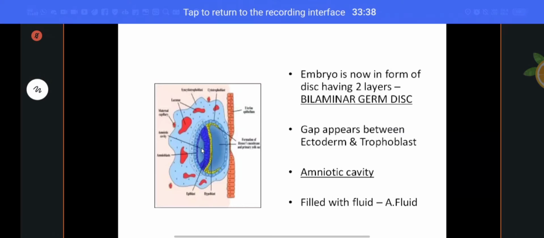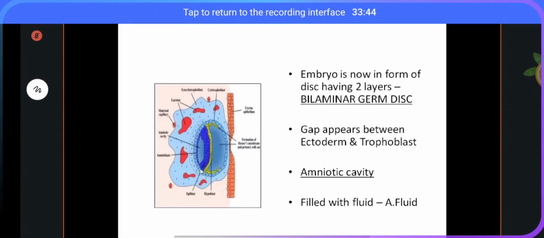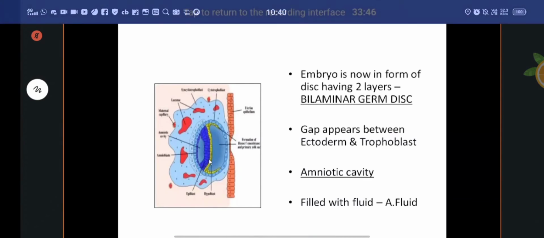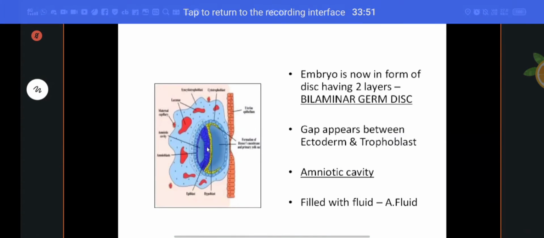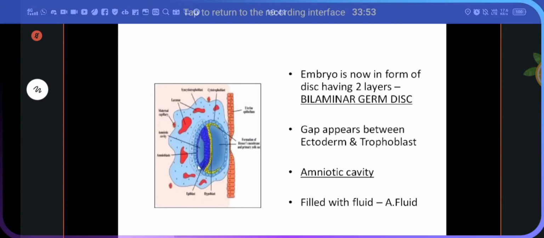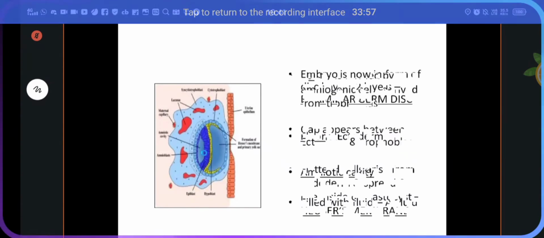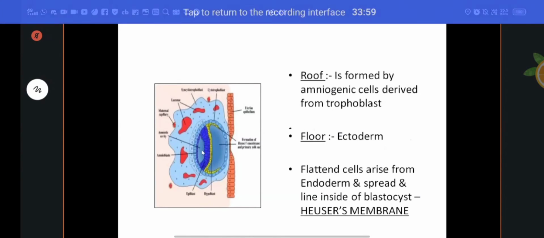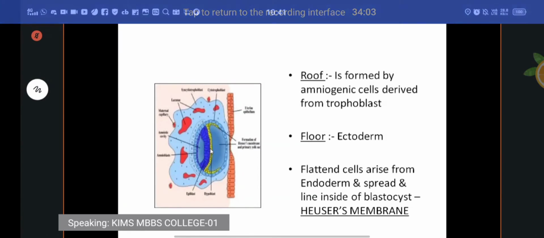Now, this amniotic cavity is filled with a fluid called amniotic fluid. At this stage, where we are seeing two germinal discs, it is called the bilaminar germ disc. Further in the developmental process, this amniotic cavity consists of a roof as well as a floor.